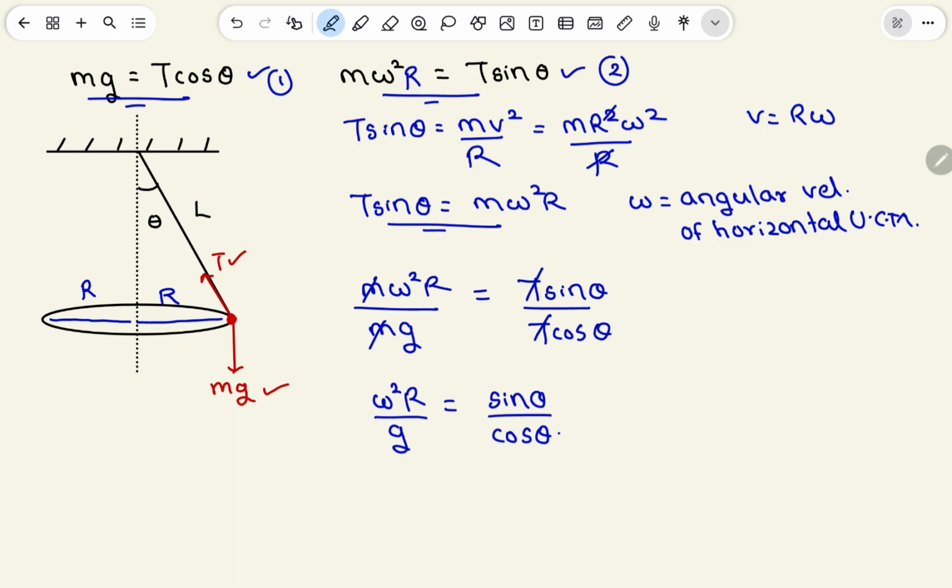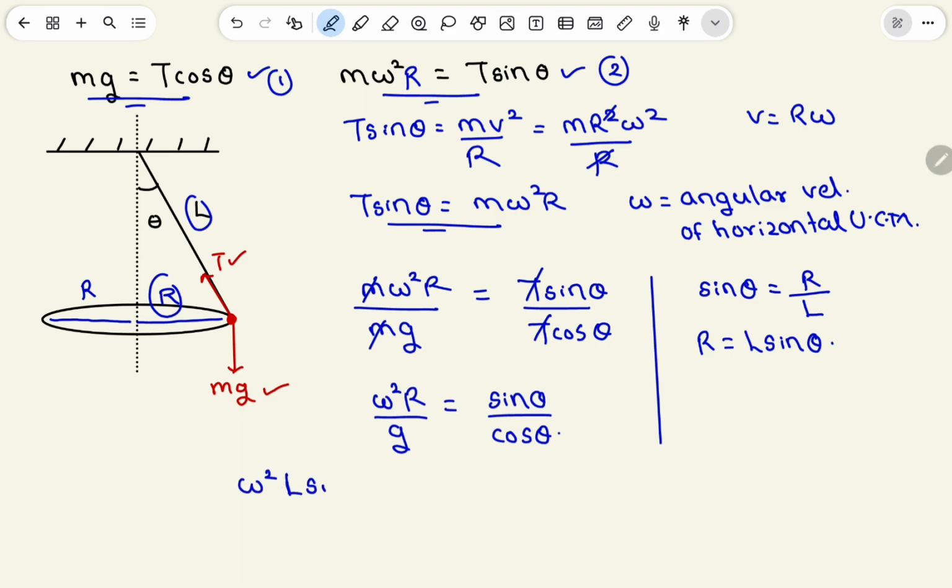Now let's write r in terms of length L. From the diagram we can see that sin theta is the opposite side r upon the hypotenuse L. So r can be written as L sin theta. Now let's plug this value of r into the equation.